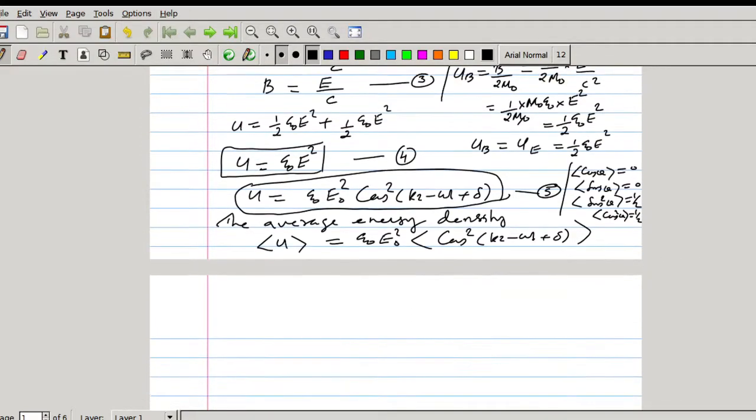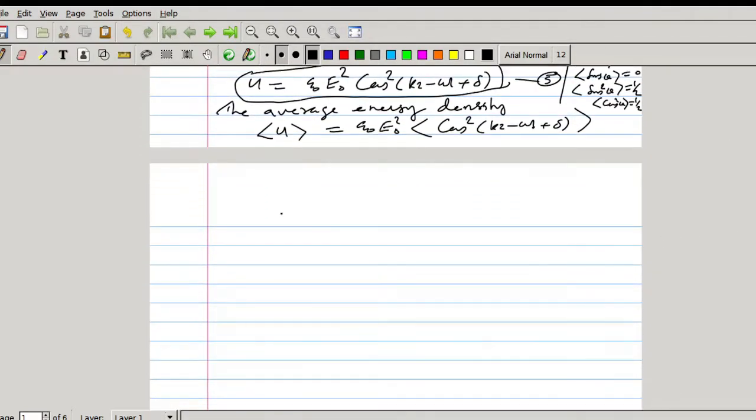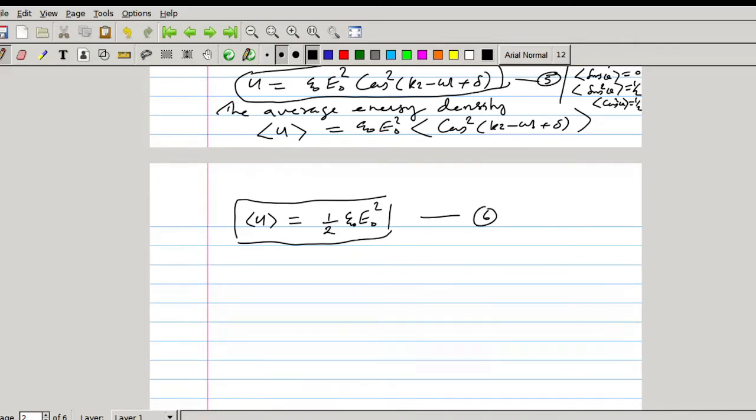So we obtain the average energy density as half epsilon 0 E0 square. This is the average energy density of the electromagnetic wave.